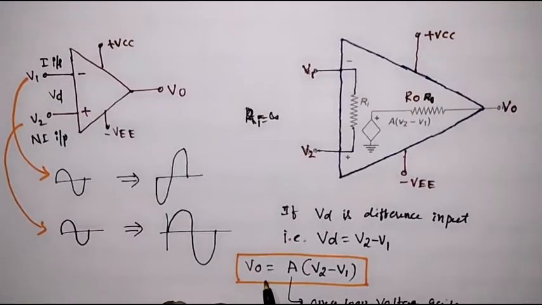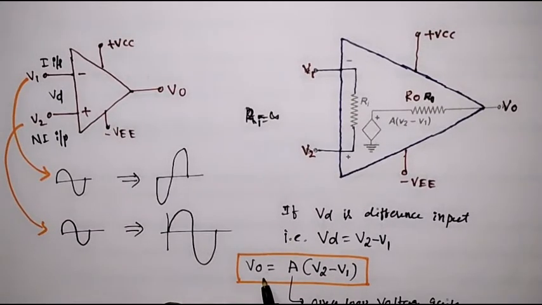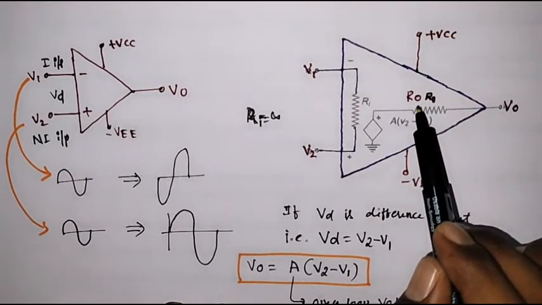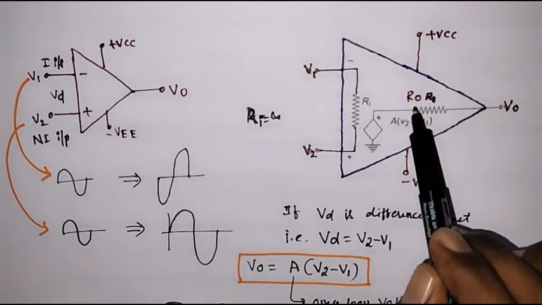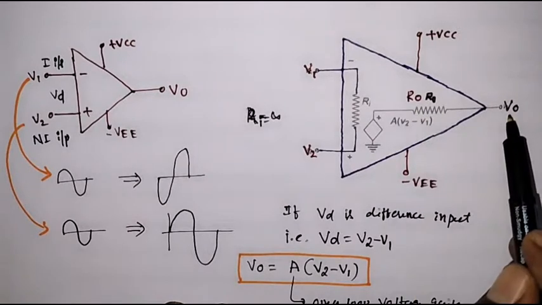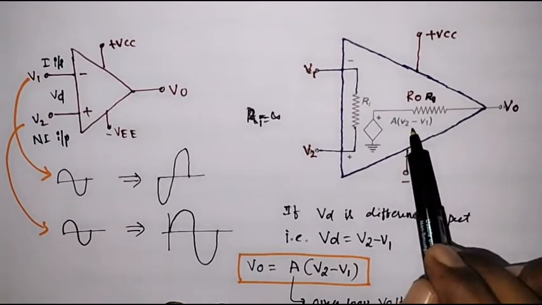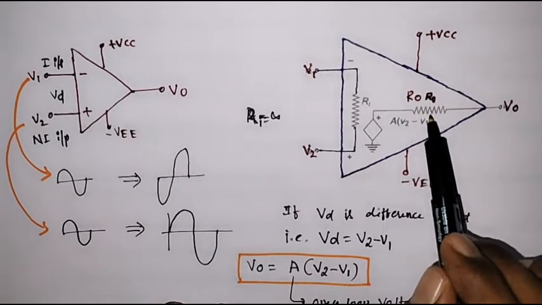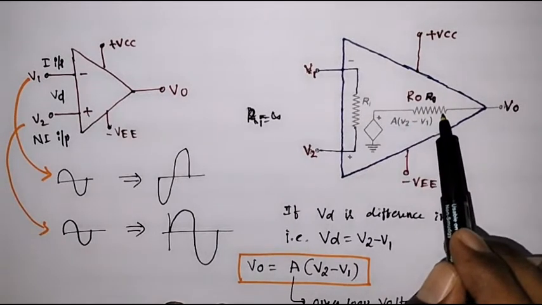That is nothing but the output voltage of op-amp, that is Vo equal to A into V2 minus V1. If we consider very high output impedance, then definitely Vo value will not be equal to A into V2 minus V1, as if this value is very high, no current flows through this resistor.